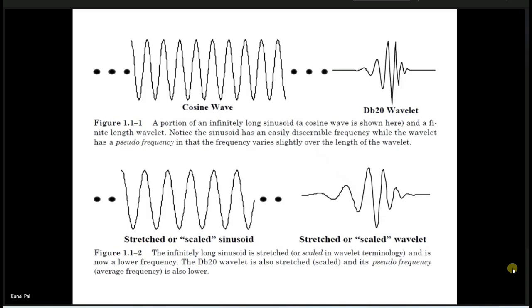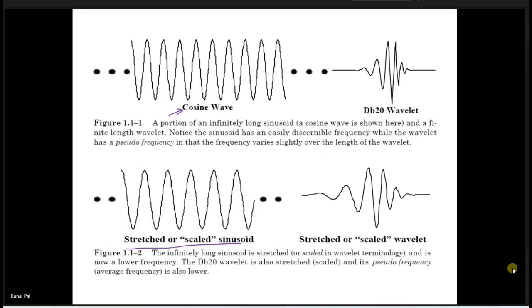In our last class, we discussed that in the Fourier transform, we use a sinusoidal wave and stretch the sinusoid and do correlation with the original signal, and when we get a peak, we say that at this particular frequency we have a frequency component within the signal, right?